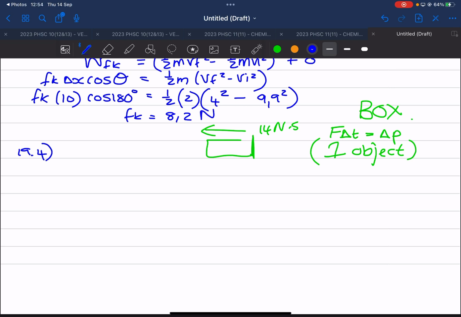Okay. Goed. Nou vir al of jou. Calculate the change in kinetic energy of the box after striking the barrier. Okay, change in kinetic energy. Change in kinetic energy is a half m v final squared minus a half m v initial squared.